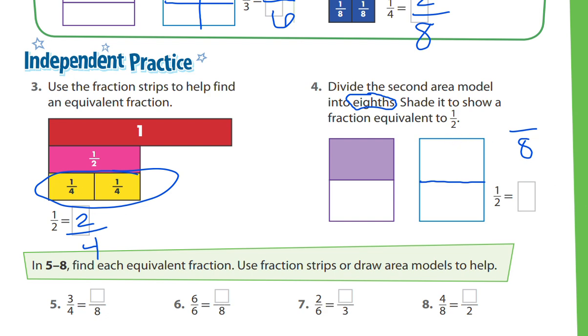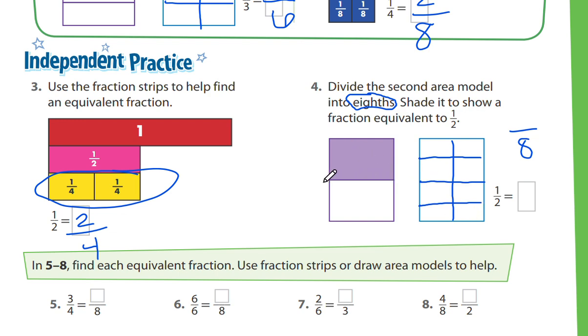Right now it's divided into half, so let's make this piece into 8. If I split it down the middle to make it look like a window, now I have 4 pieces. If I split it again, 1, 2, 3, 4. Let's split down here. 5, 6, 7, 8.